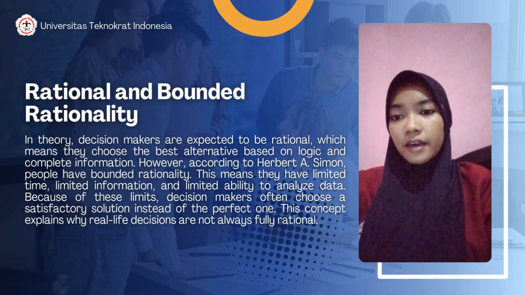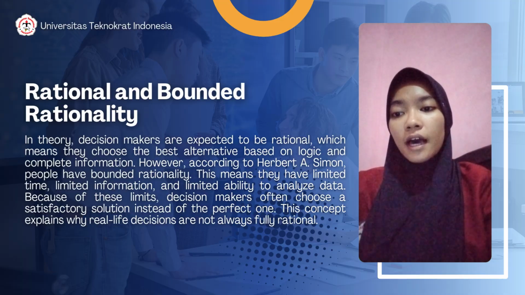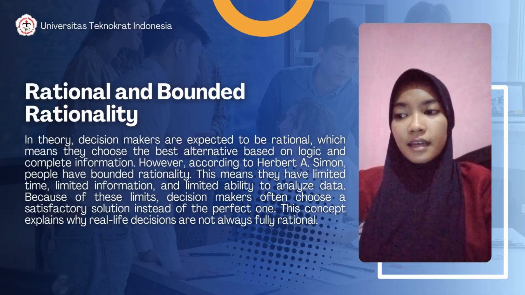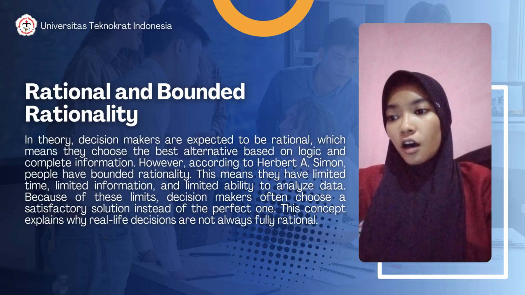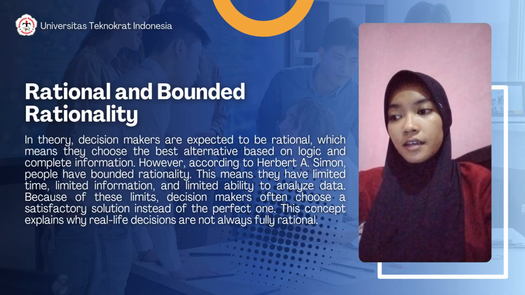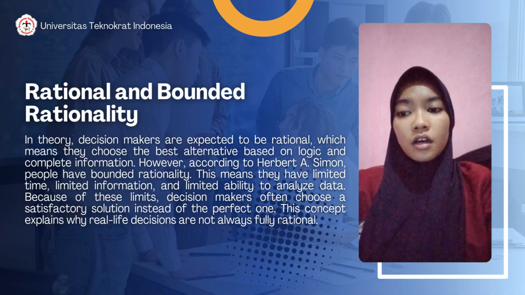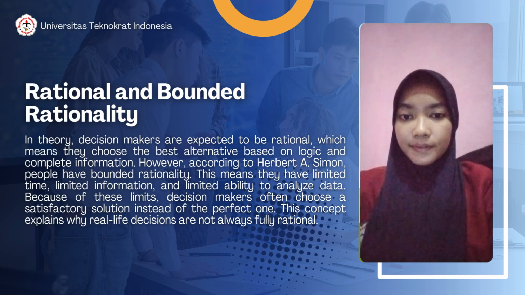This means they have limited time, limited information, and limited ability to analyze data. Because of these limits, decision makers often choose a satisfactory solution instead of the perfect one. This concept explains why real-life decisions are not always fully rational.